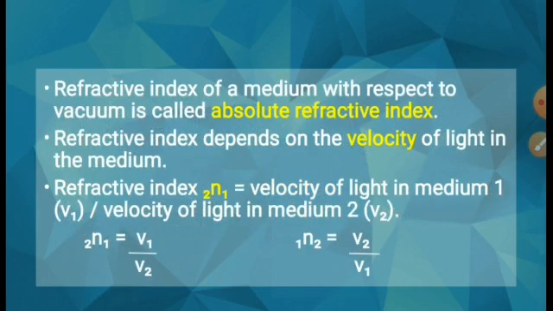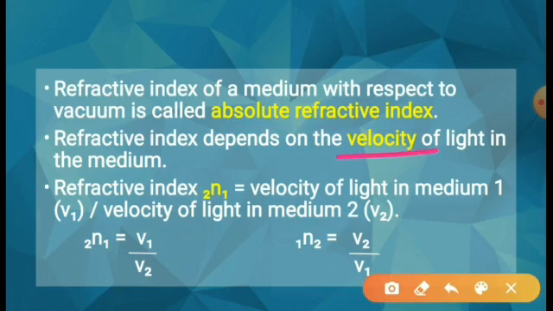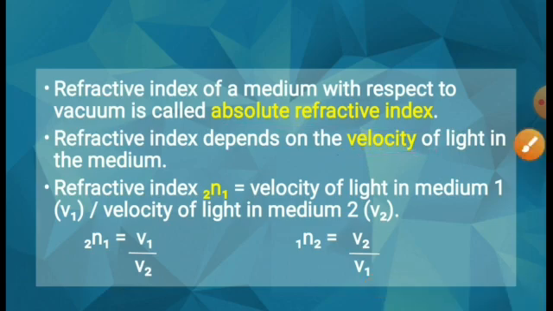The refractive index of a medium with respect to vacuum is called the absolute refractive index. The refractive index depends on the velocity of light in the medium. This is important. It depends upon the velocity of the light in that medium.